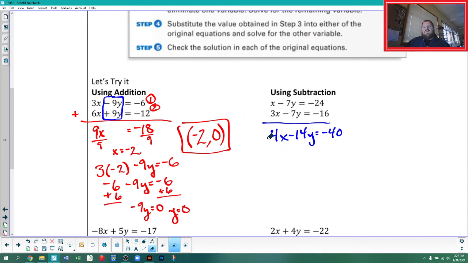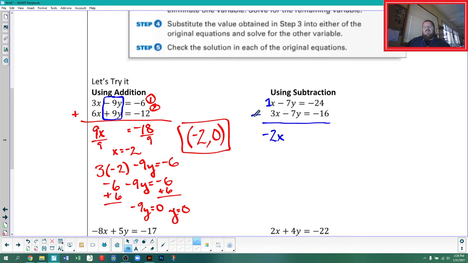We want to be using subtraction here, because if I have the same number and same sign, I want to subtract. Now the trick with this is that I'm subtracting every column. I'm thinking about x, or 1x, minus 3x. That's negative 2x.